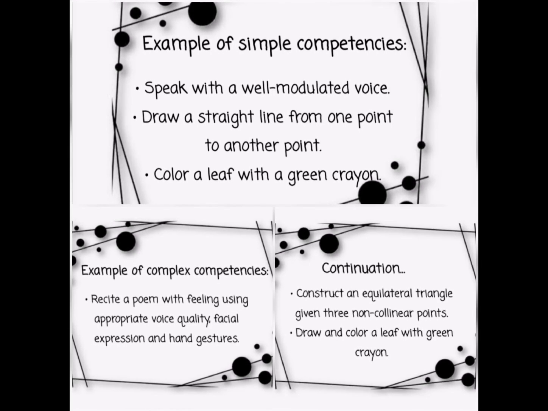So, for us to have a better understanding of simple competencies and complex competencies, I have here an example of each set of competencies. In differentiating between the two, simple and complex competencies, through the given examples, I've noticed that the examples of simple competencies are: speak with a well-modulated voice, draw a straight line from one point to another point, and color a leaf with a green crayon.